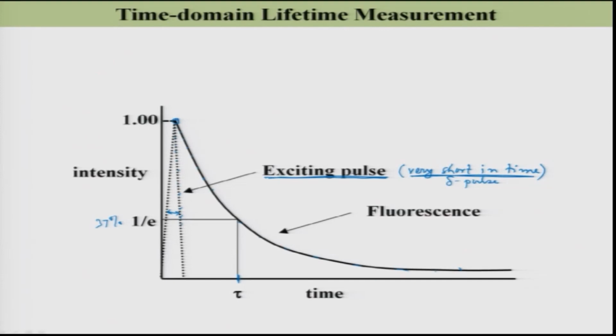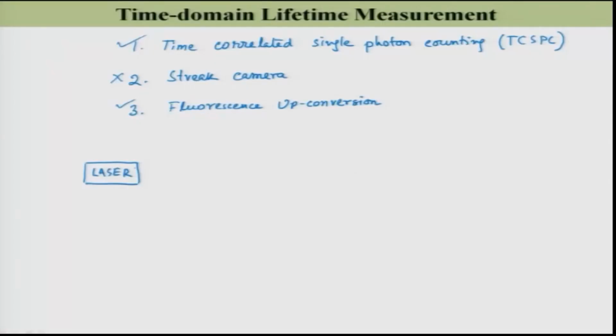So, I need some unique device which can generate such a short light pulse, and laser is one of the devices which can generate that short light pulse. I will discuss very briefly how we get this ultra short light pulse by laser, but now let me draw the basic setup of this TCSPC system.